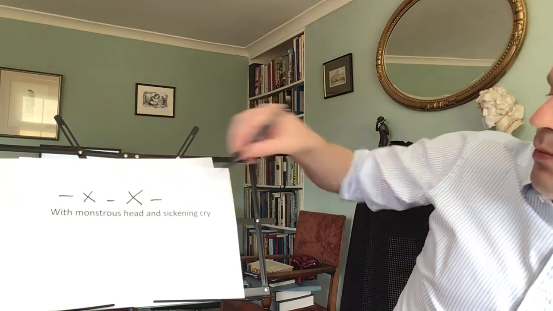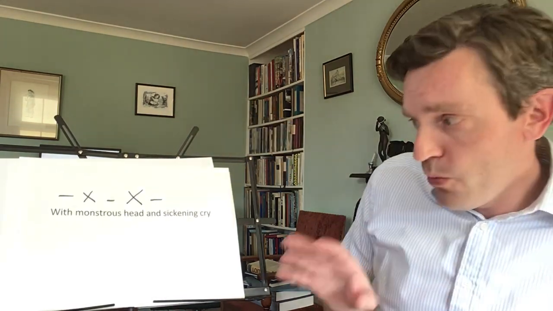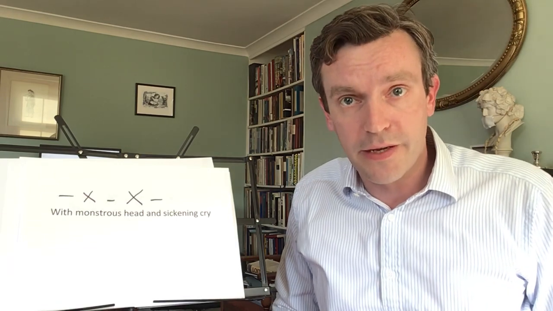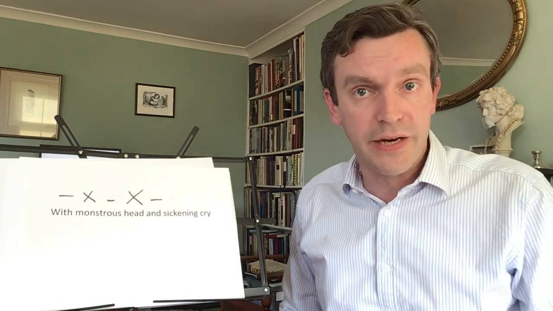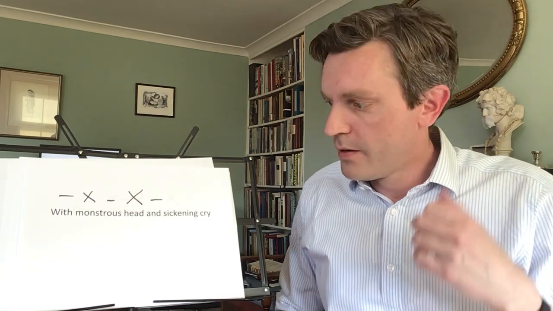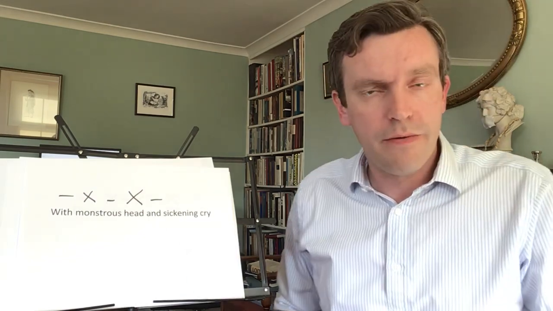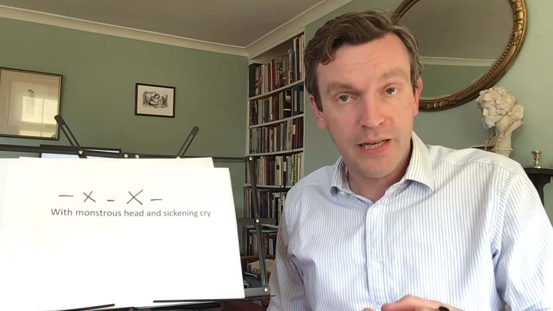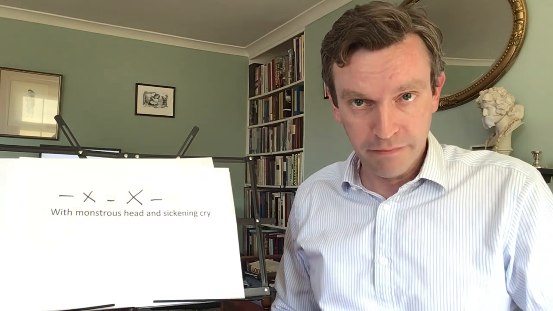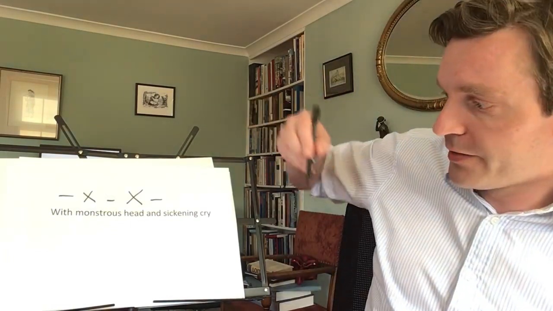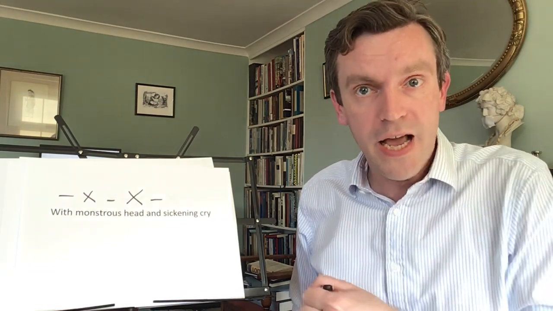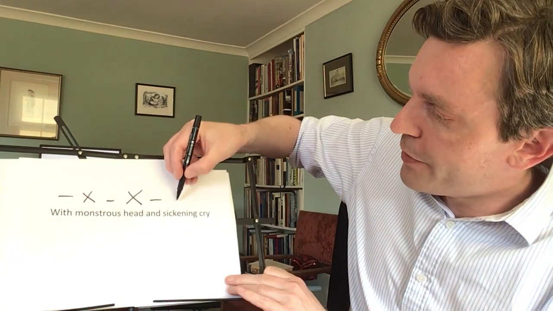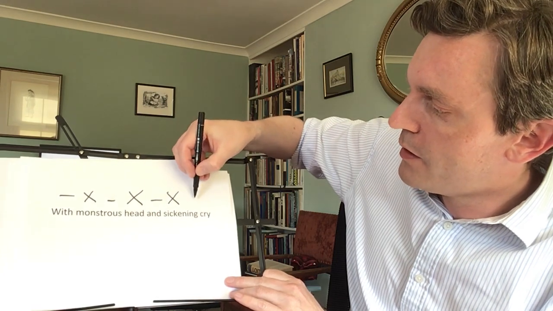And now we get to the word sickening here. Now there are 2 ways of pronouncing the word sickening correctly in the English language. You can pronounce it as 3 syllables, or you're probably more likely to pronounce it as 2 syllables and just go sickening. In that the stress would definitely be on the first syllable. It would be sickening, not sickening. So I'm going to put that down as 2.